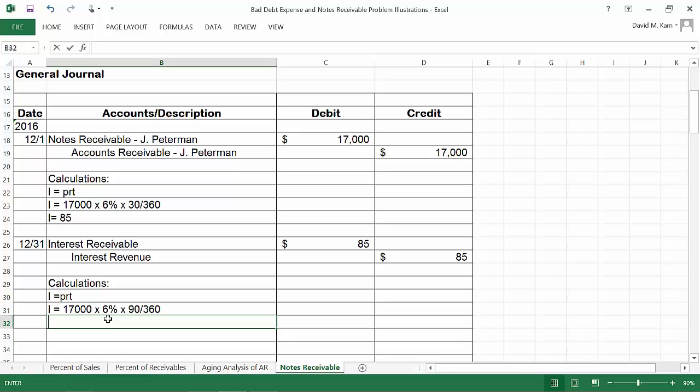Okay, so now we should be able to do this pretty easily. Interest equals $255 for this period. All right, so let's see what's going to happen here. We know that we've already accrued $85 of interest, so let's get the total amount of interest.